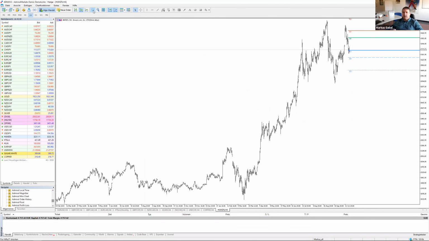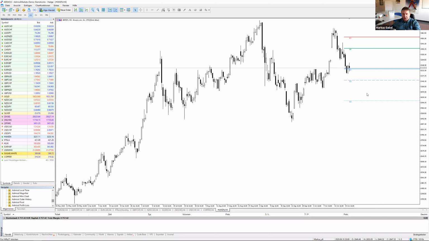So this is the first option to figure out the overall trend, or, how should I say, the short-term trend actually. You can see the price drops down after the price broke through the pivot point to the lower side.